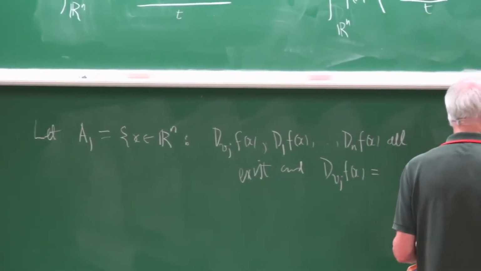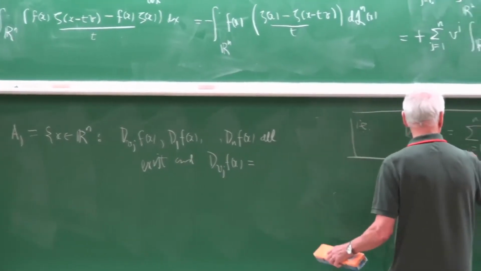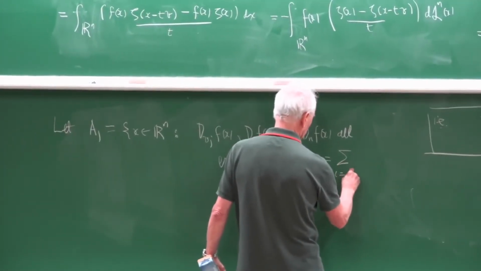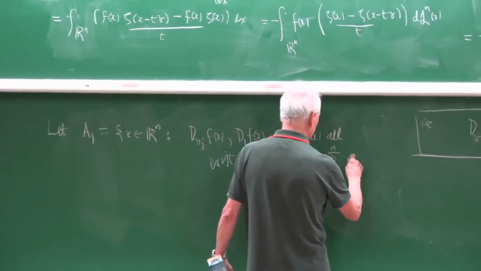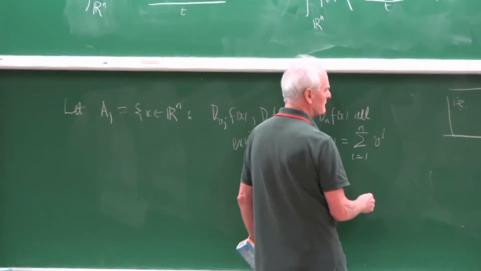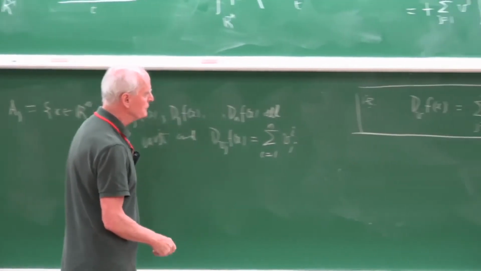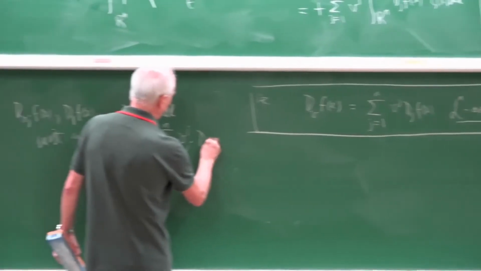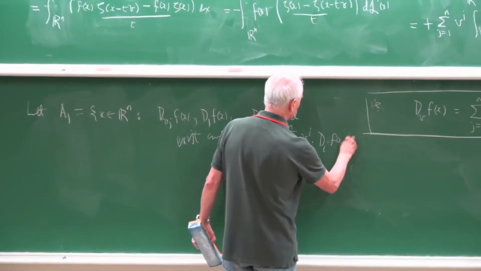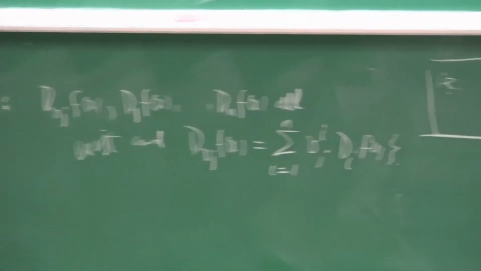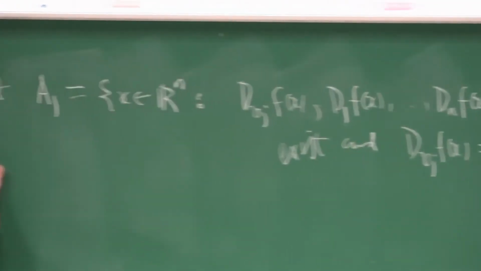Now I better be careful, I'm using a dummy variable j here, so I've got to use a different dummy variable here, so let's call that i. Sum i equals 1 up to n of vij, that's the ith component of the vector vj, times di f of x. So that's Aj.